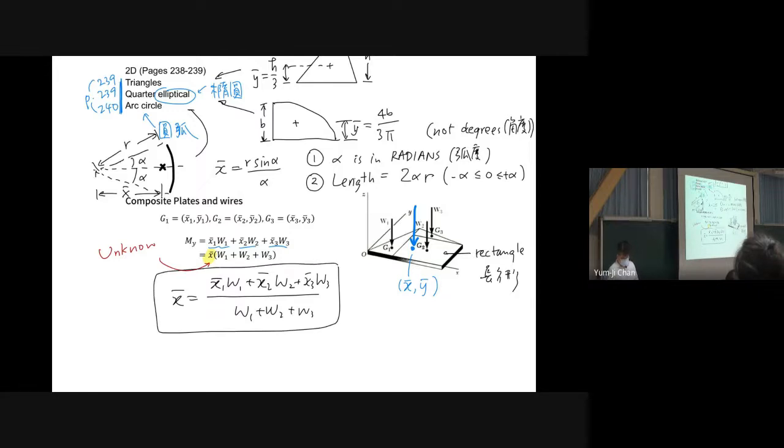This equation is equation 5.7 at the bottom of page 240.